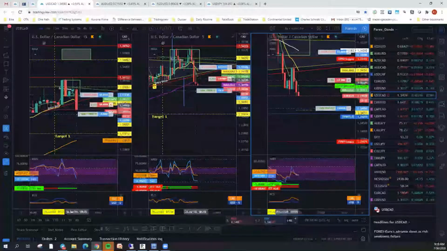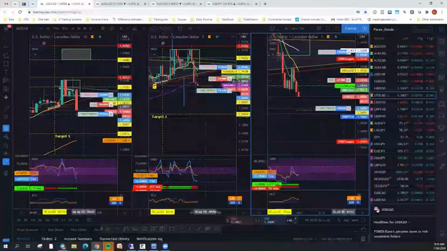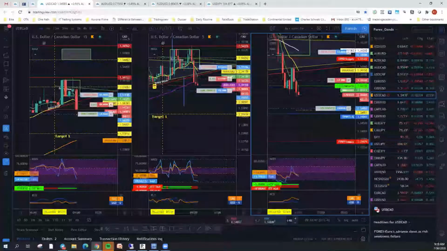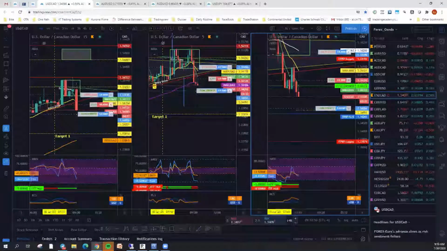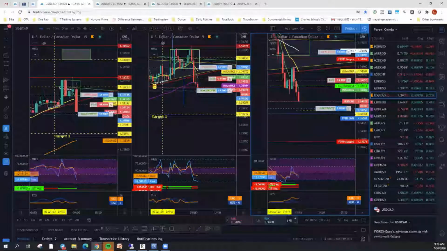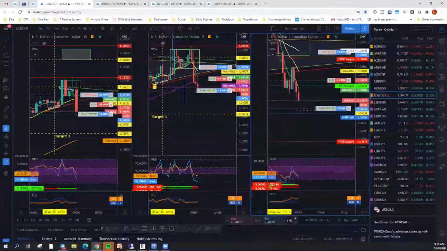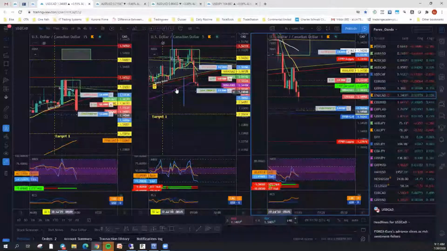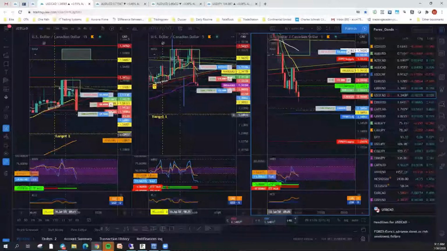Now we have the close below this moving average. Ultimately, I'm still looking at the stick and also looking at the target.